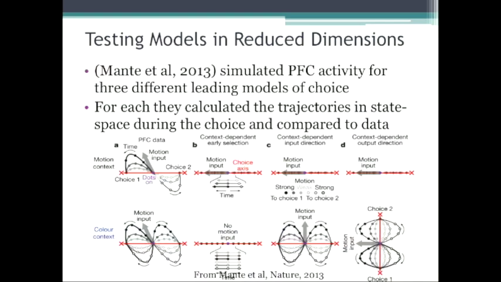This is a stylized version of what they found in their data, and here are the results they obtained from doing the same analysis using 3 different models of how this choice task was done. So what do you notice? Which model is right?